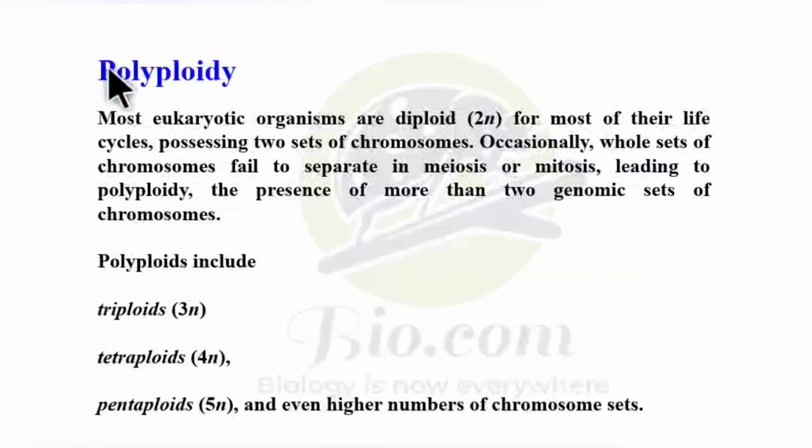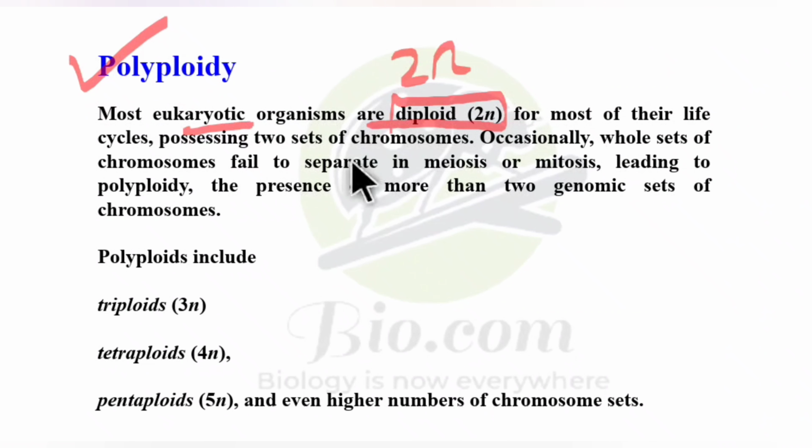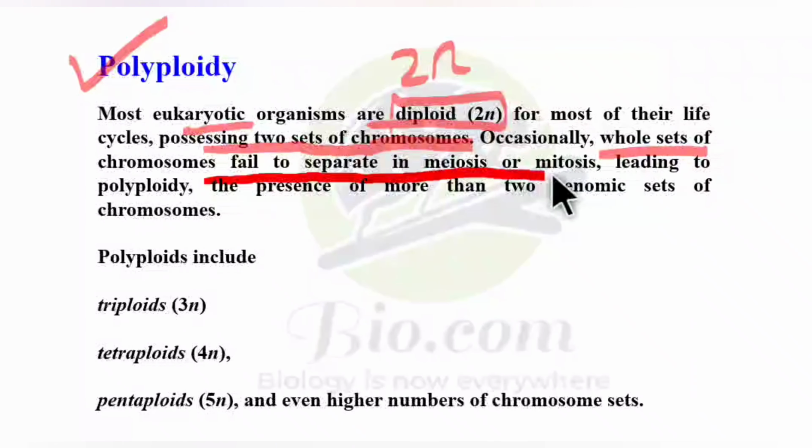Now after aneuploidy, the polyploidy. So most eukaryotic organisms are diploid. We know that is 2n, and diploid means 2 sets of chromosomes. Occasionally the whole set of chromosomes fails to separate in meiosis or mitosis, which leads to polyploidy.